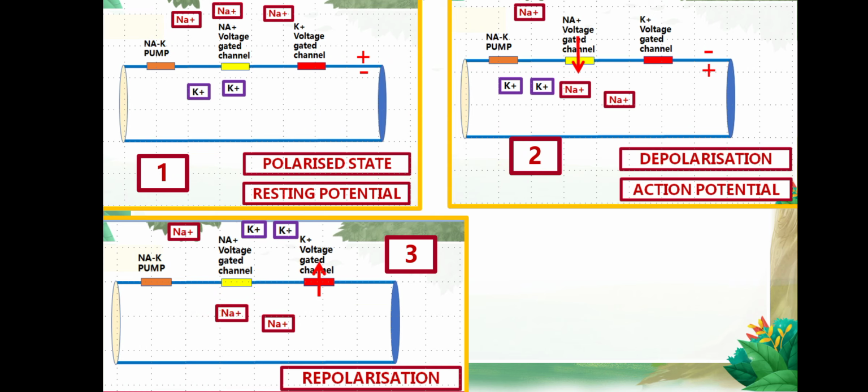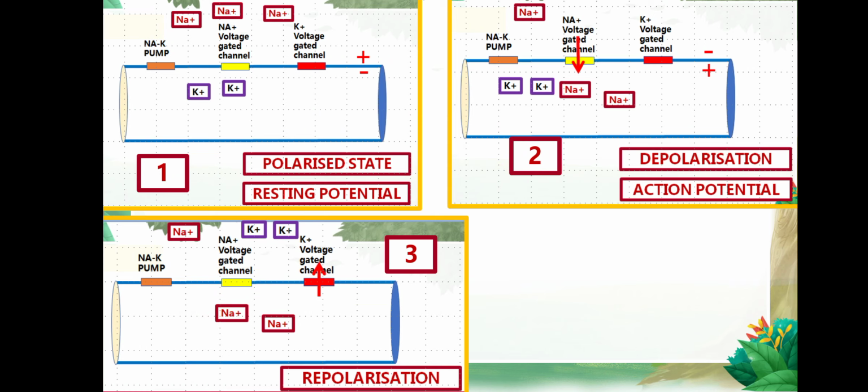And in case of any stimulus, that is any touch or reflex, any kind of stimulus, the sodium ion voltage gated channels open and depolarization takes place. The sodium ion diffuses inside the axon membrane, inside the cell, and this is known as the action potential.